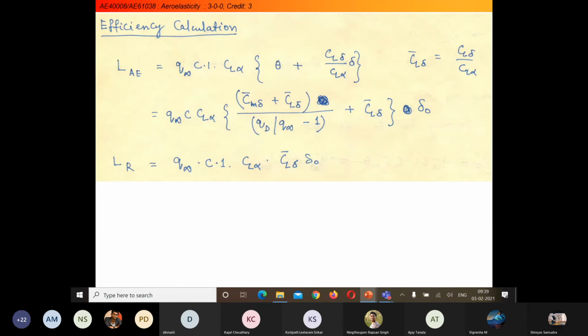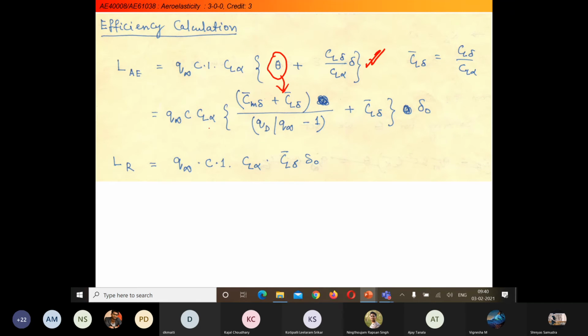So basically we are considering here what is called aeroelastic lift, that is considering the flexibility of the control surface. So it is Q infinity c into 1 into Cl alpha, whole thing multiplied by theta plus Cl delta divided by Cl alpha into delta, and then I am replacing theta here in this expression to find out the lift force, the aeroelastic lift.